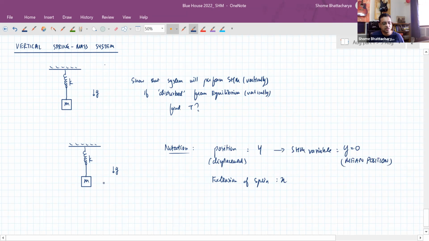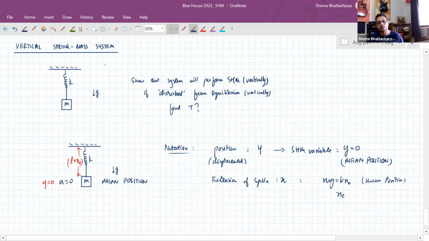So we will accordingly calibrate our system. Let's say this is our mean position, the stable equilibrium position. Acceleration should be 0. At this position, let us say the extension of the spring is x0. So accordingly, this should be our y equal to 0 position also. From the free body diagram, we can understand that mg is equal to kx0 at the mean position.